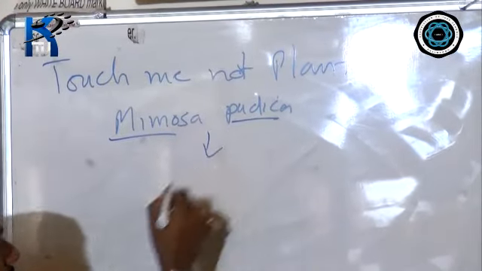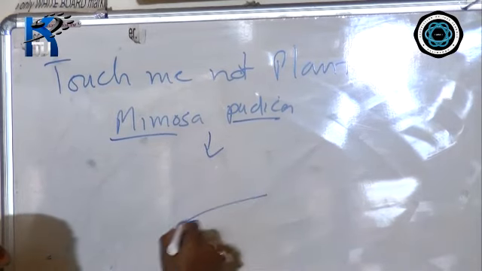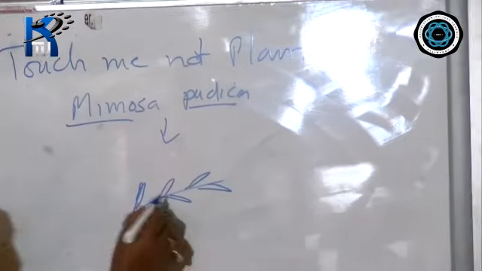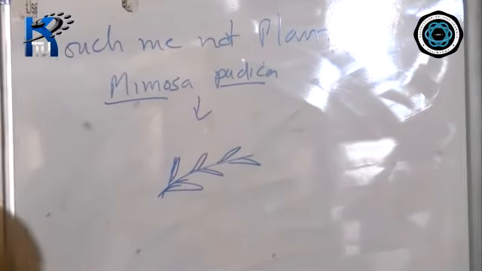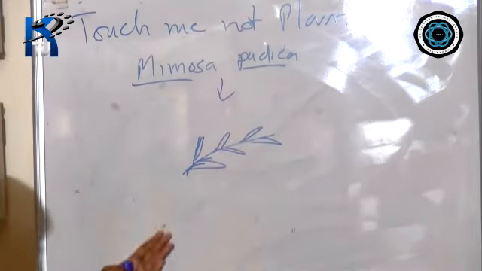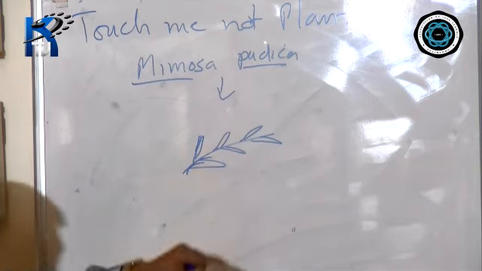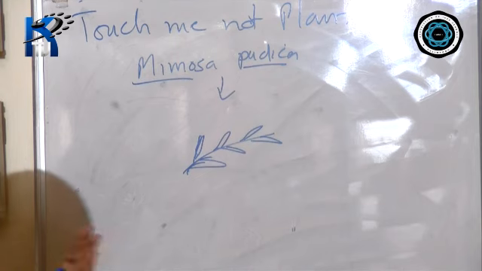Here also, when you touch this plant or leaf, what will happen? The leaf automatically closes. This is thigmonastic movement. But actually, how does this leaf close?